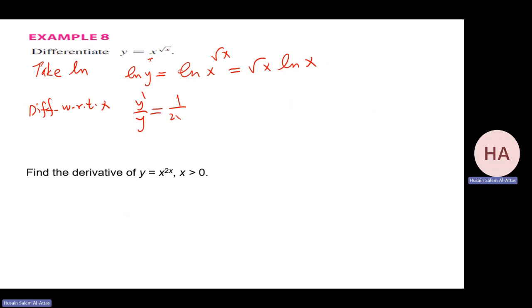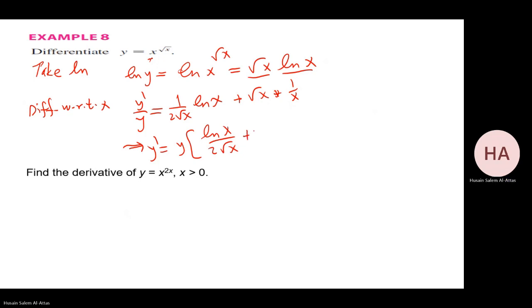Derivative of this is 1 over 2 root x. Then this is a product now, two functions. Plus root x times 1 over x. Which means y prime will be y times ln x over 2 root x plus 1 over root x. This is x to the power half, x to the power minus half, which I can write. This is y, and you can simplify 2 root x, and you have ln x plus 2.